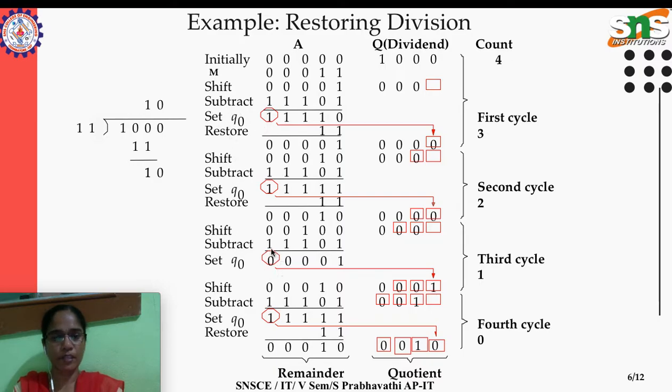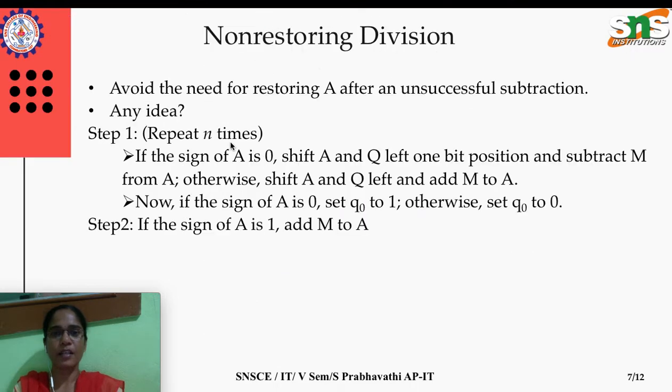Only when the sign bit of accumulator is 0, we did the subtraction, no addition is carried out. So that addition is nothing but the restore operation, that could be avoided. Okay, and in non-restoring algorithm, each and every cycle will have either addition or subtraction. Okay, so we could avoid the extra step of restoring the dividend by adding the divisor.